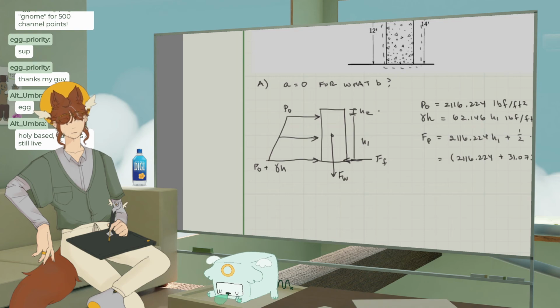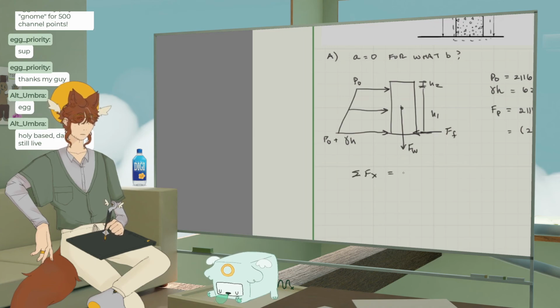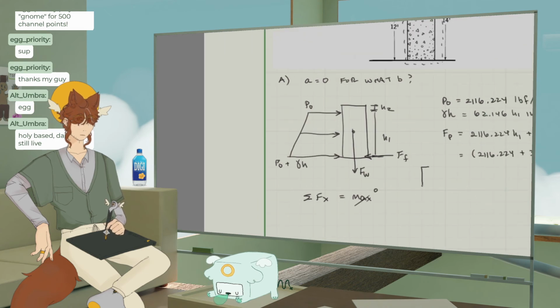The weight is more for a moment than it is for the acceleration. So what we need to say is the sum of the forces in X equals MAX, 0. Here, I'll draw the tiniest MAD. MAX, 0.